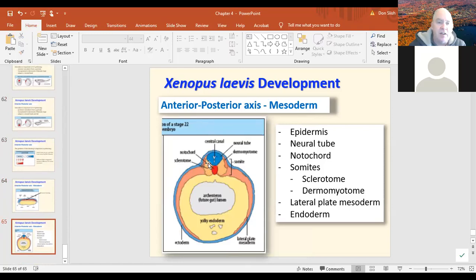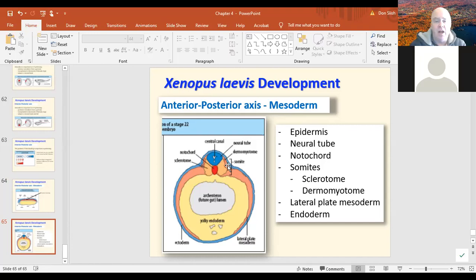Then on either side, you've got a somite, left and right. This somite, we'll see later, will be really important once we get into mouse. The somite itself has got differentiation to it. Most of it, this yellow part, is sclerotome, and then this is dermotome.